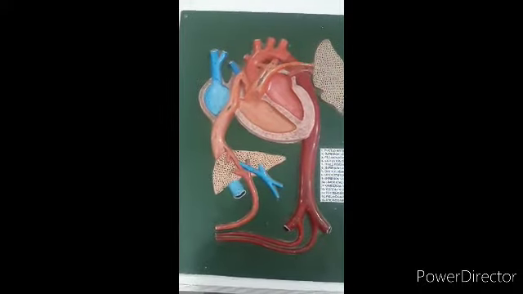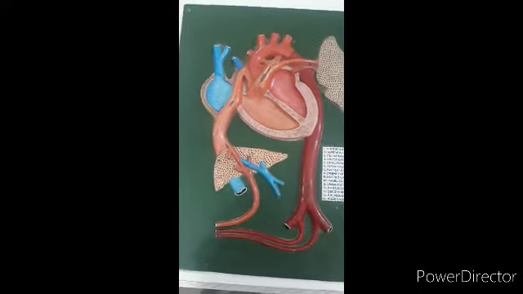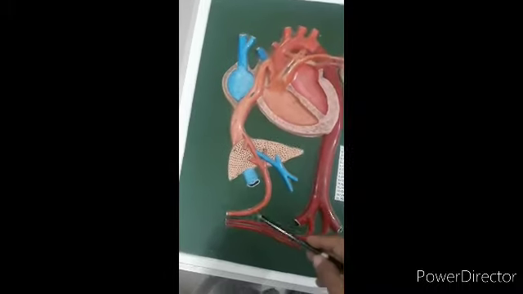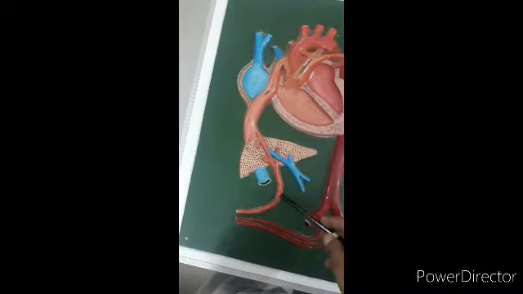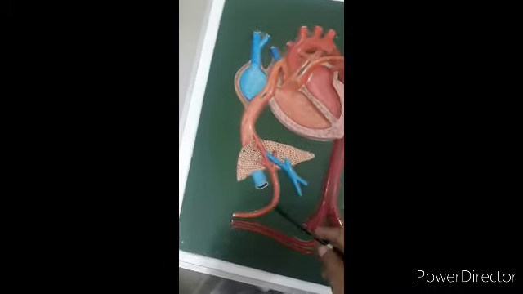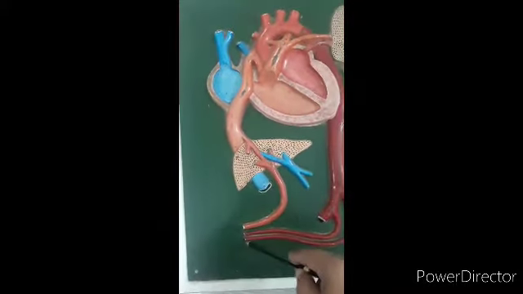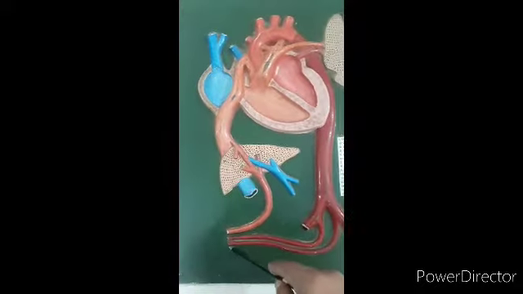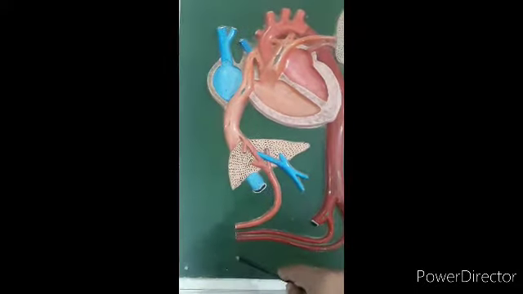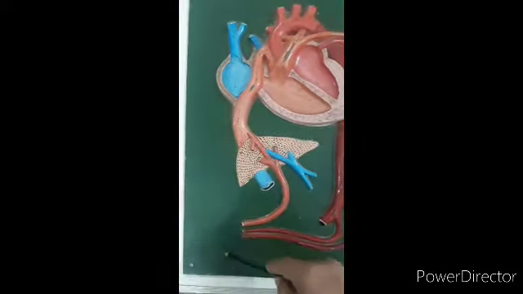The oxygenated blood from the placenta comes to the fetus through the umbilical vein. You can see this is the umbilical vein, and somewhere here you can assume there is a placenta.